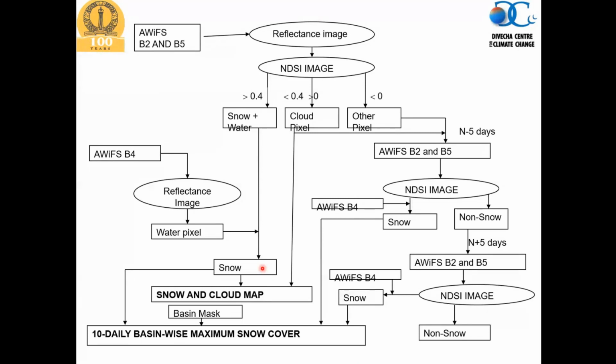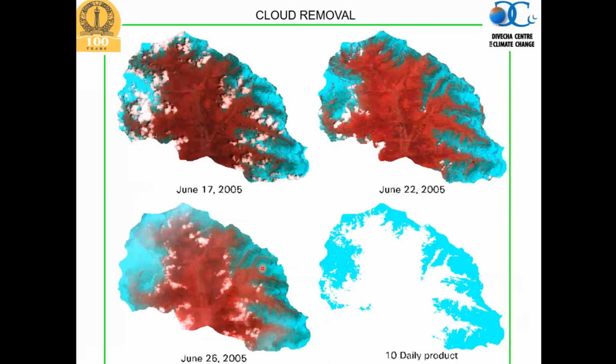This is the lacuna of this algorithm, that you are not visiting that pixel again. It means this pixel will be identified as a snow pixel. So in a 10 days time, if some pixel has got converted from snow to non-snow, it will not be depicted here. Therefore, it is maximum snow cover.